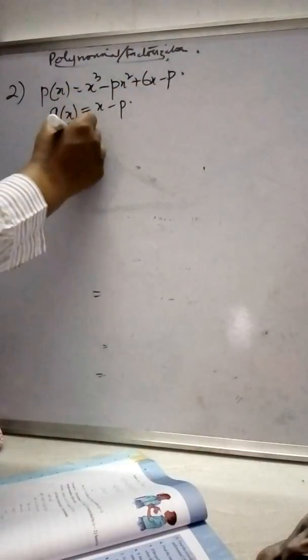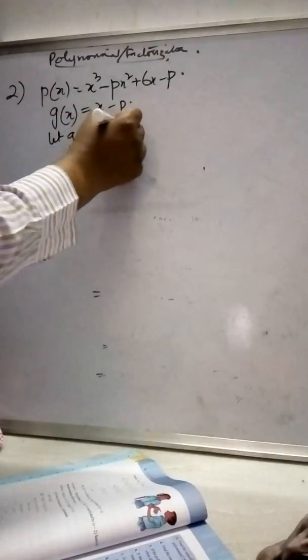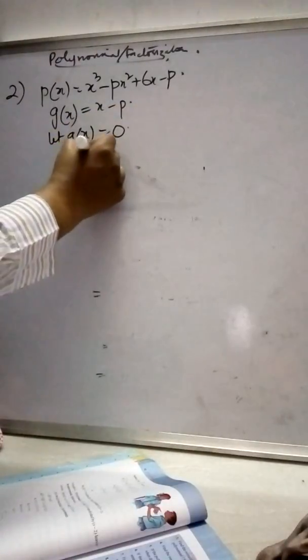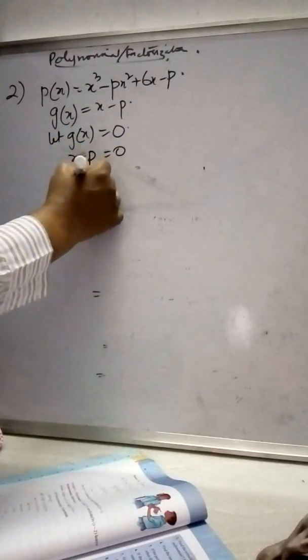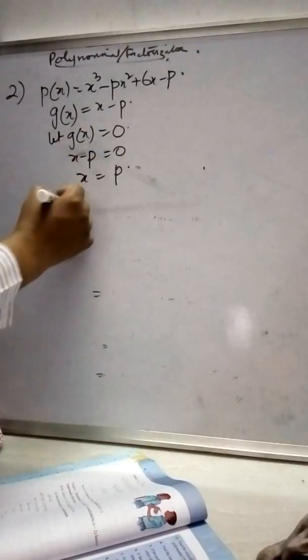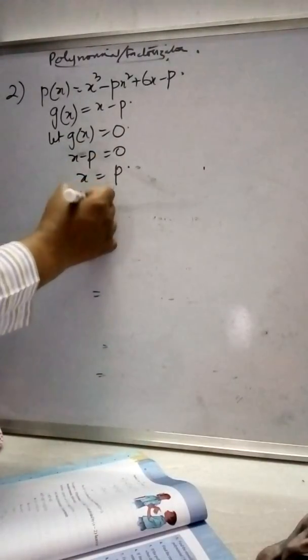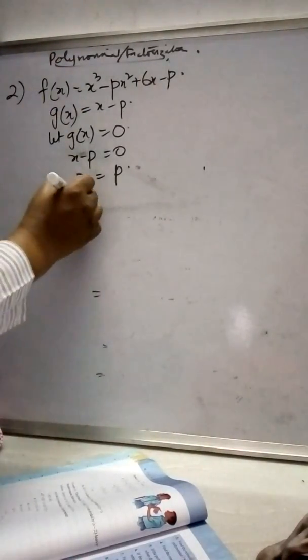Let g of x be equal to 0. It means x minus p is equal to 0, x is equal to p. So p of p, or we can take this as f of x. So I'll change this also to f of p.